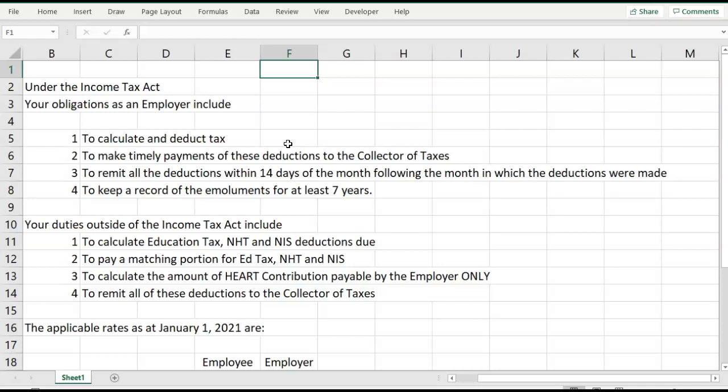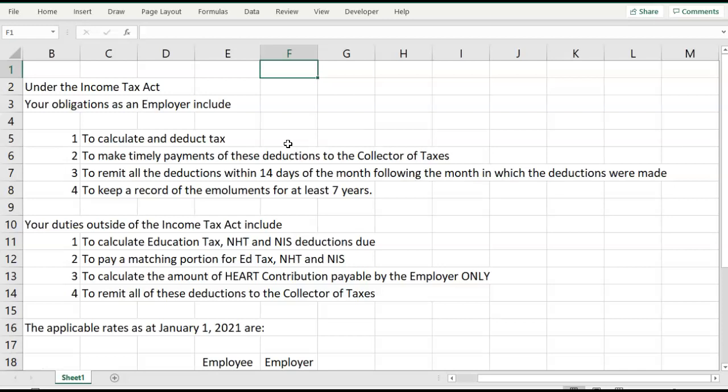Now, as an employer, you're also obligated to pay over these monies within 14 days of the month end. This month, we're in January, so for the December salaries, whatever amounts were deducted would have to be paid by this Thursday, January 4th.